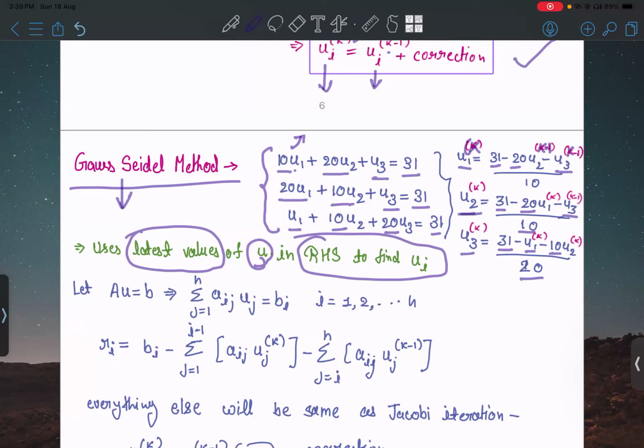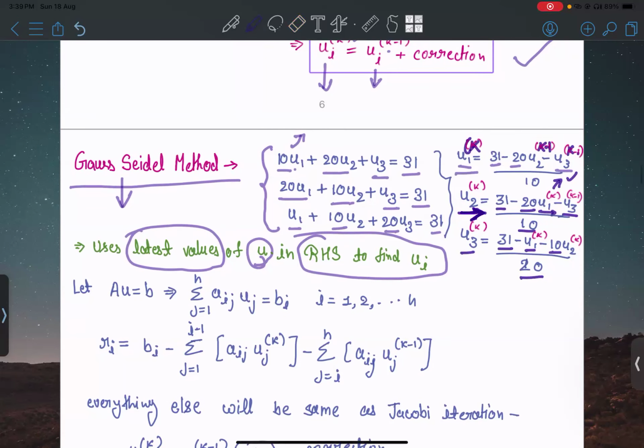But while solving the second equation, means finding the value of u2, I will put the u1 value of the kth iteration, not the k minus 1th iteration, means the latest value. Since just above I have already found u1 at the kth iteration, now I will use the latest value here.